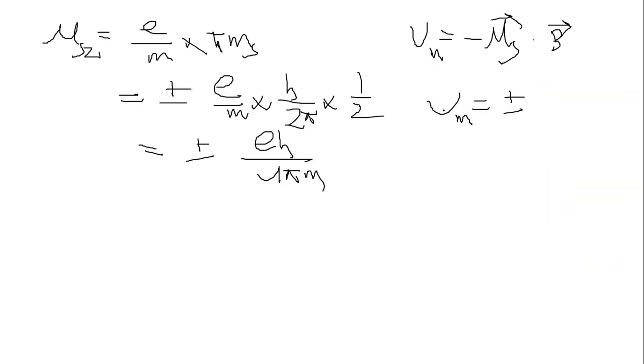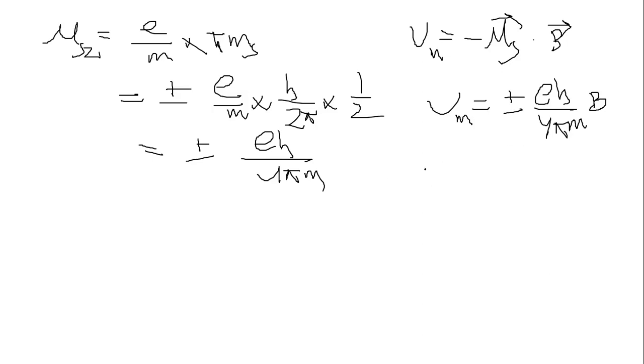So the minus sign involved between the direction of s and mu s cancels out, and we get the total energy shift due to the interaction between the magnetic dipole moment and magnetic field as Eh by 4 pi m into B. This is the interaction energy of the electron which has spin half.